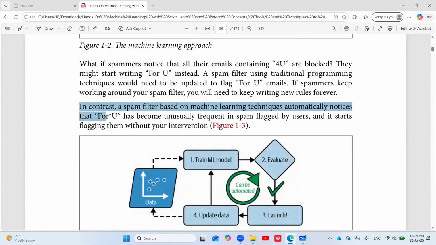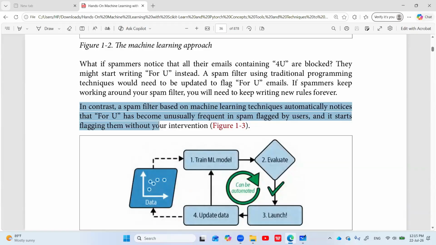In contrast, a spam filter based on machine learning techniques automatically notices that "for you" has become unusually frequent in spam flagged by users. Now we are providing the data. When we provide the data, the machine learning technique will identify this "for you" also showing in the spam emails.